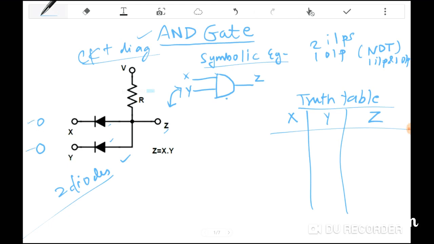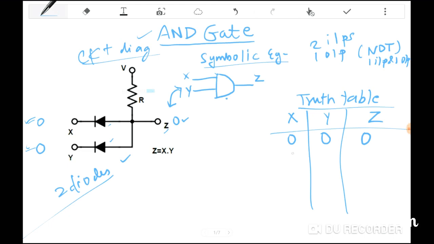The AND gate basically tells us that whenever you have two inputs that are 0, 0, that is logic level low, then we have no output, that is 0. That's correct. The output will be 0. When there is no input given, the output will automatically be equal to 0.